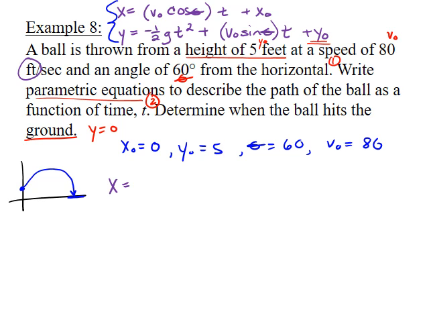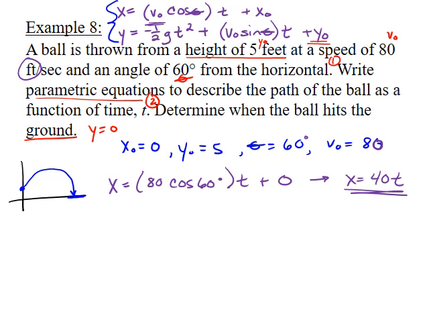So x equals, the initial velocity is 80 times cosine of 60 degrees times t plus 0. If I simplify this and find cosine of 60 degrees, I end up getting x equals 40t. This is the first part of my set of parametric equations.